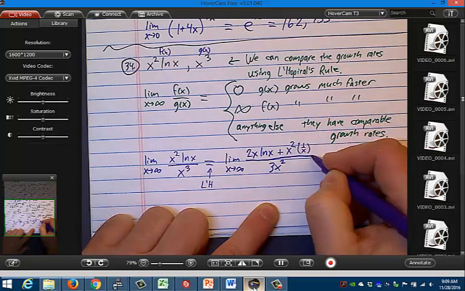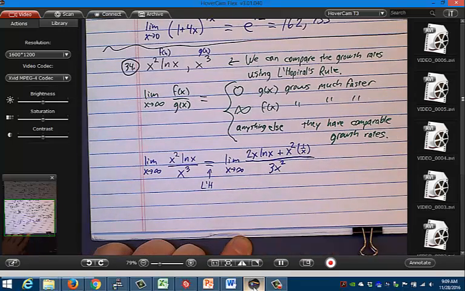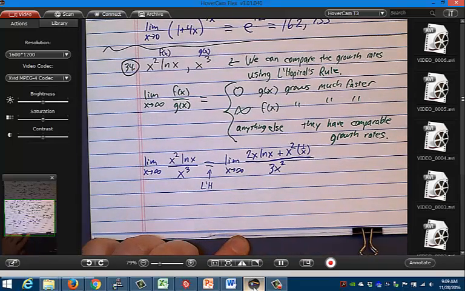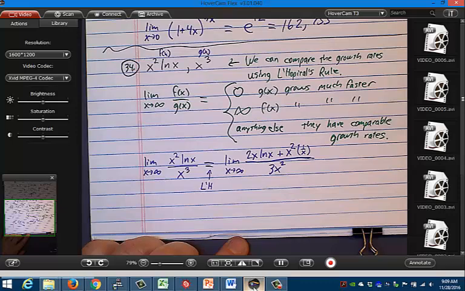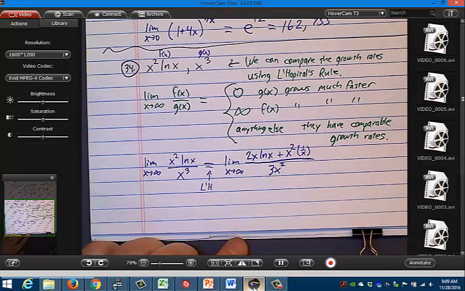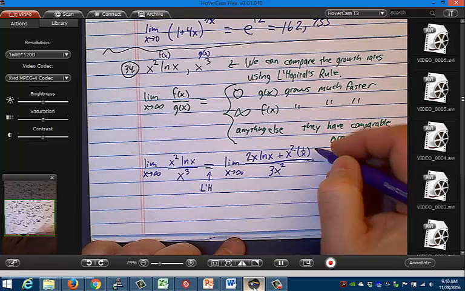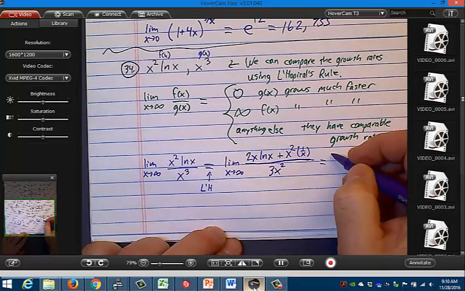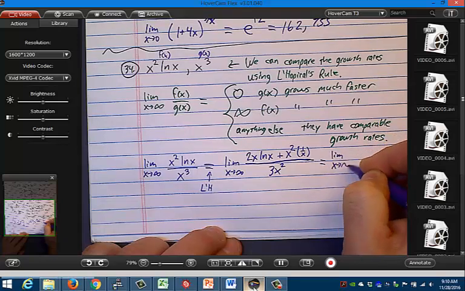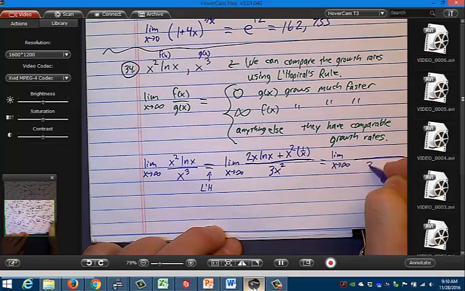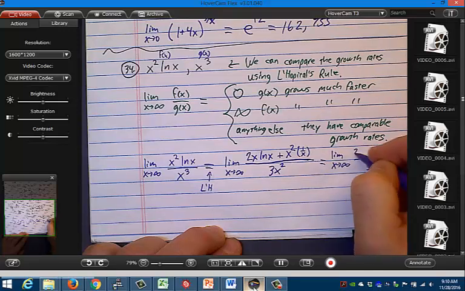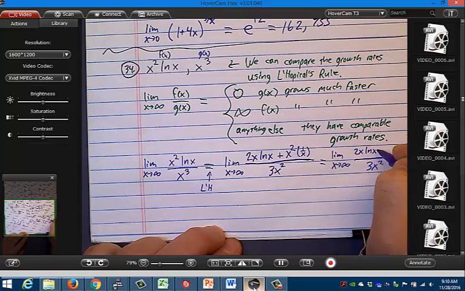But this is still an infinity over infinity kind of problem. Because right now I have the limit as x approaches infinity. The denominator is 3x squared, and the numerator is 2x ln of x plus, if you cancel those x's, you just have plus x.